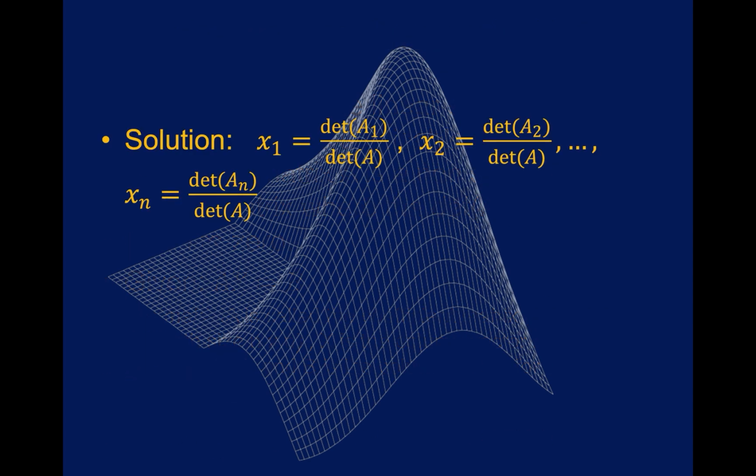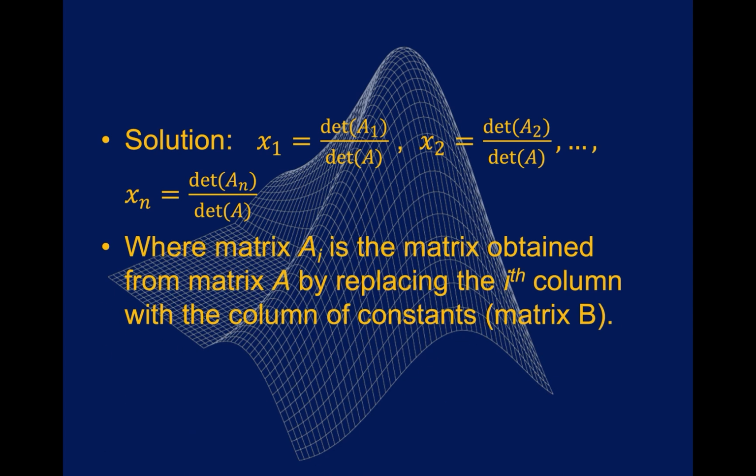We're going to use the determinants to determine x1, x2, xn. And then we first define the matrices A1, A2, and so on. A is a coefficient matrix. Now, note that A1 is the matrix obtained from A by replacing the x1 column by the column of constants.